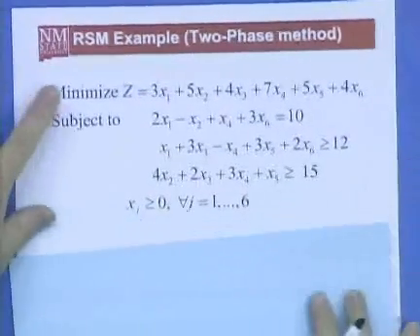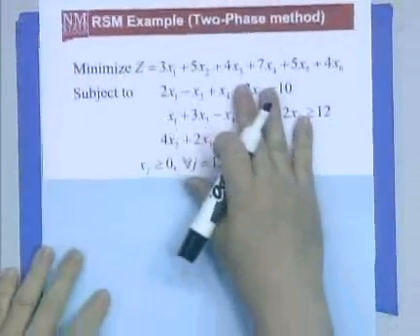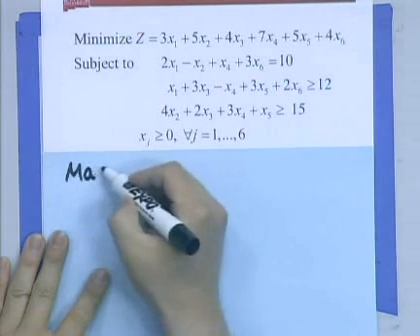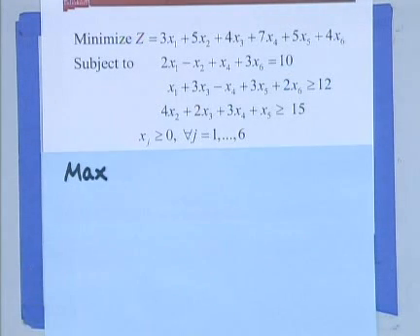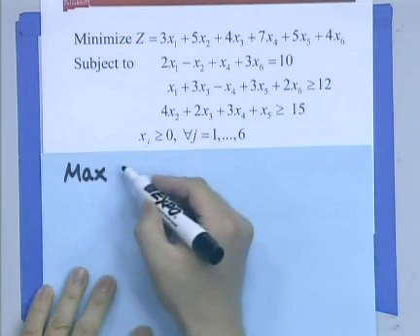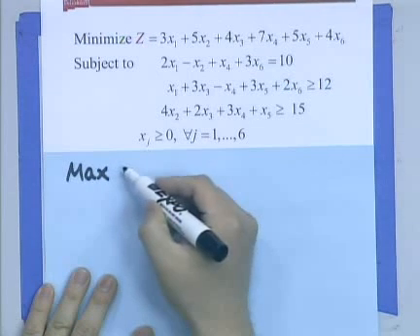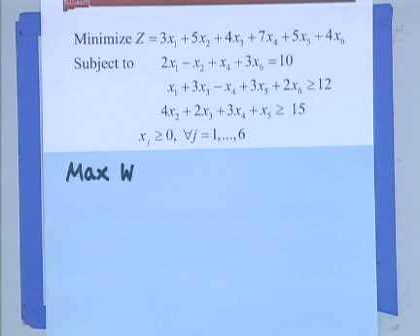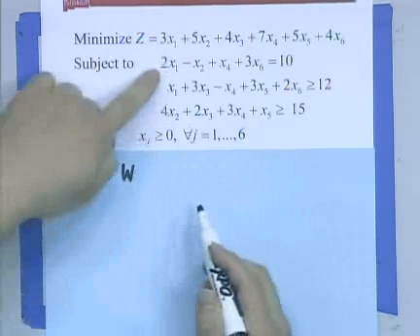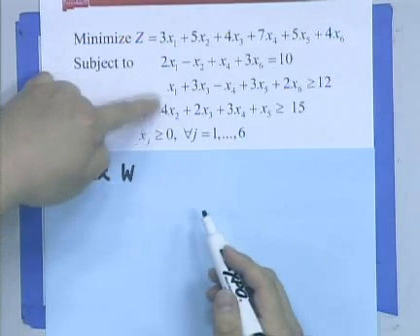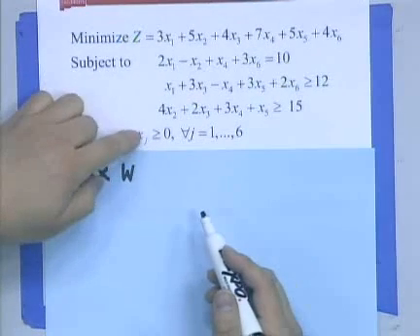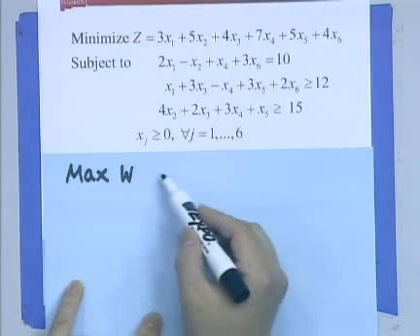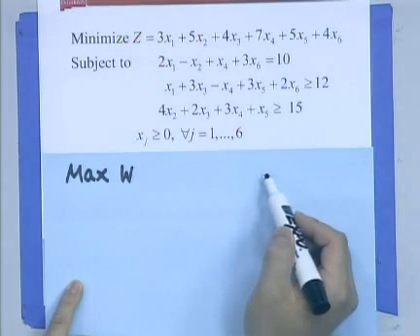Because the primal problem is a minimization problem, the dual must be a maximization problem, right? And let's say the objective function value is W. Okay? And because in the primal problem we have only 3 constraints besides the non-negativity restriction, in the dual problem we must have 3 decision variables, right?